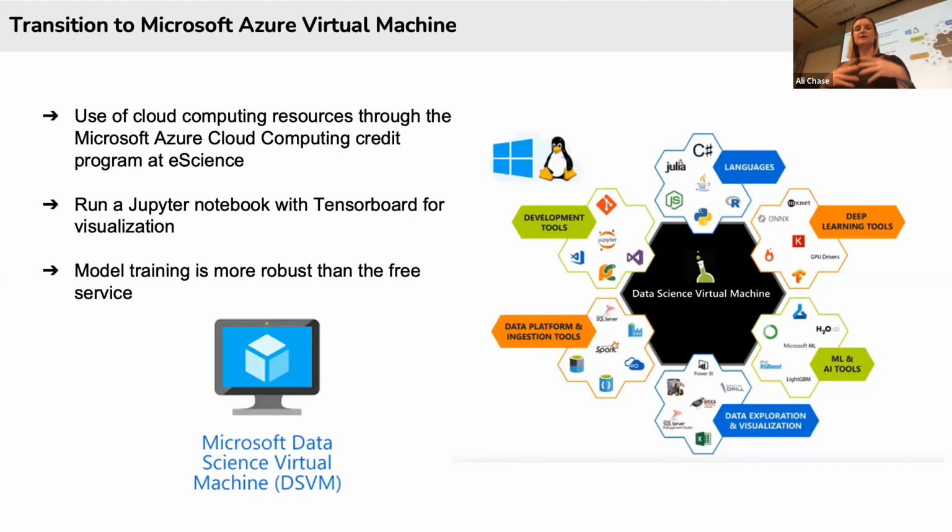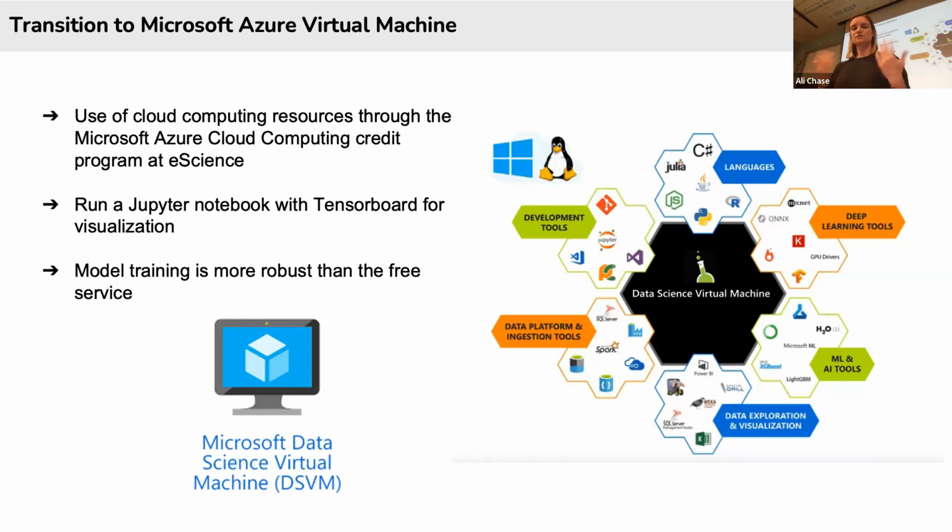This requires setting up your own virtual machine, and Valentina has been doing a lot of work on that, but they have a lot of built-in things sort of ready to go. So if you're thinking about cloud computing, there's a lot that's already set up on the Microsoft Azure virtual machine space. So it's relatively painless to get it going.